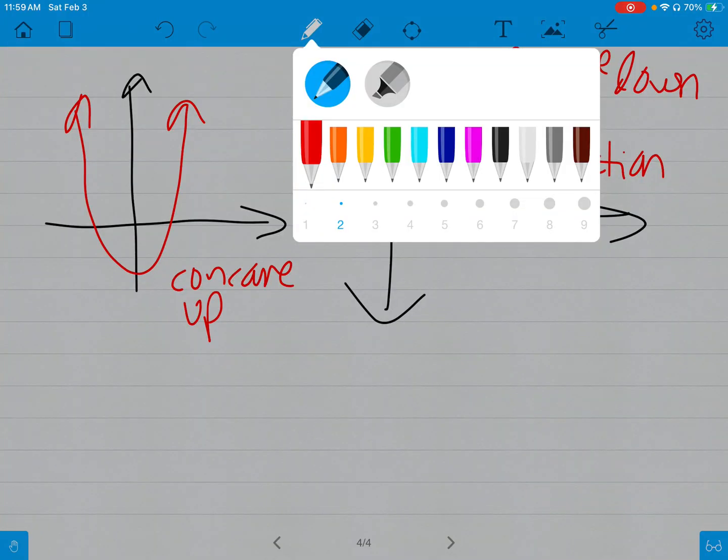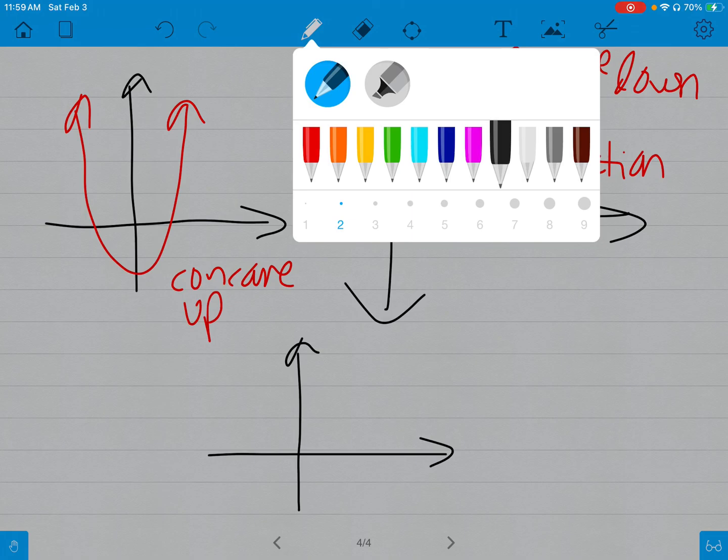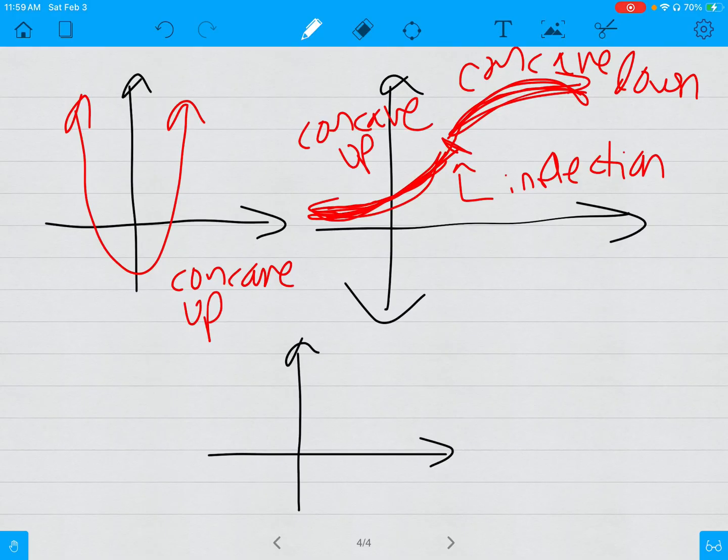And then I'm going to do one more graph, and then I want to point out one other important thing. So let's look at this graph. This is almost going to look a little bit like an absolute value type graph, except it's going to curve instead of having straight sides. So coming from the origin, the graph goes up and curves off to the right-hand side, and then going to the left, it's a mirror image. So it makes kind of a curved V shape, if you will, but it still has that sharp point at the origin.